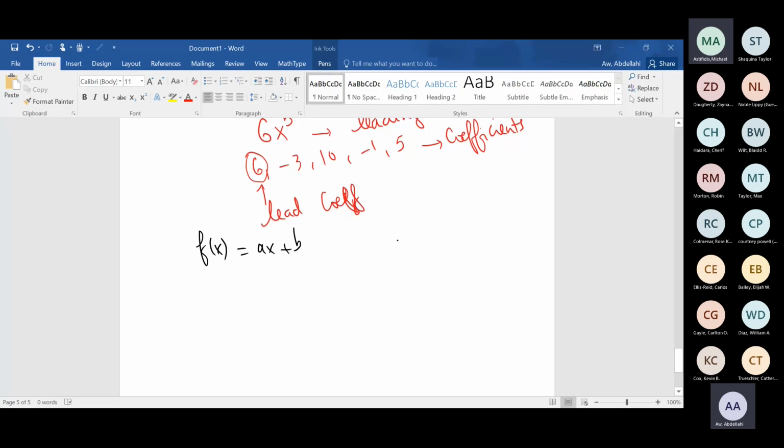If I want to write a polynomial of degree 2, I can write f of x equal to ax squared plus bx plus c, right? Okay, so if I want to call my coefficients a, b, c, does it give me the freedom to write any polynomial? If I want to call my coefficients a, b, c, d, how many terms can I write at maximum?